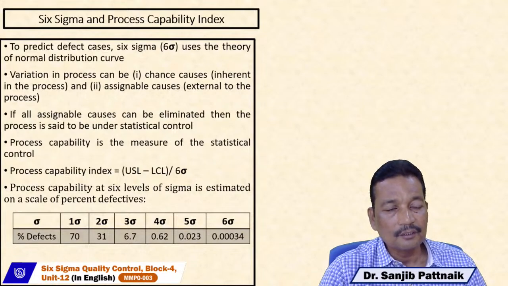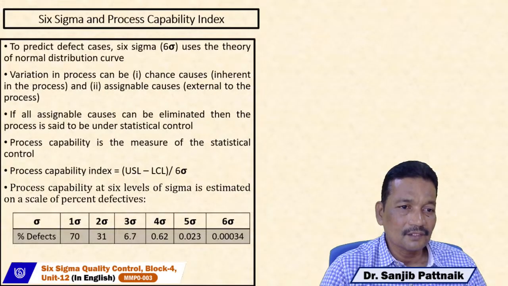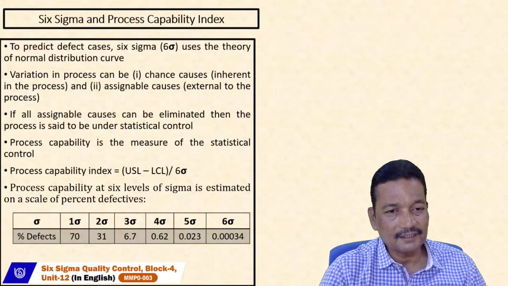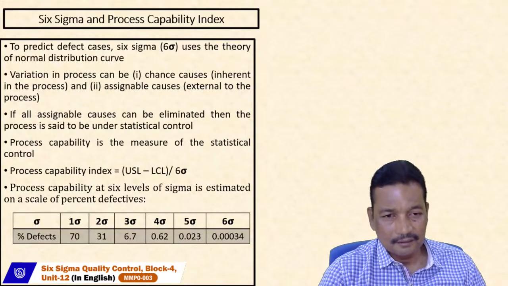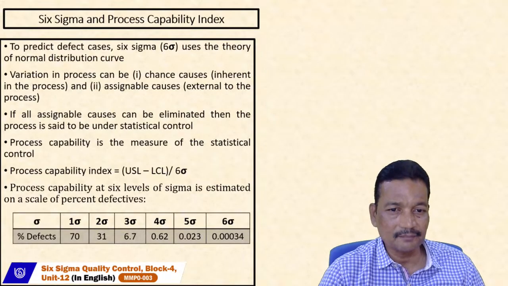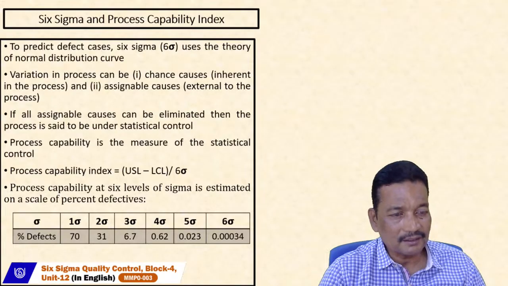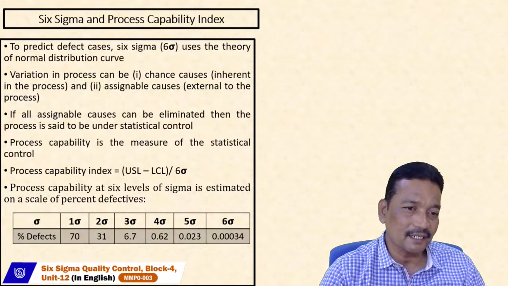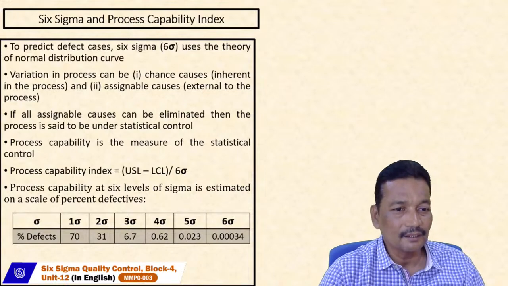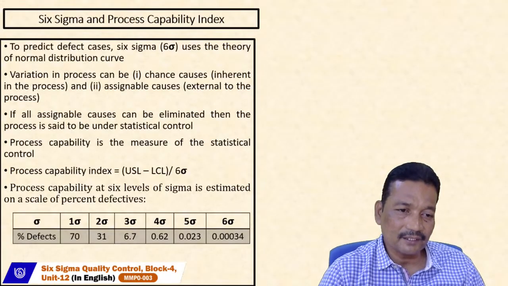So, process capability is the measure of statistical control. The process capability index is upper control level minus lower control level divided by 6 sigma. When we have sigma levels, the percentage of defectives likely to occur in a process is, for 1 sigma, 70% defectives may occur.